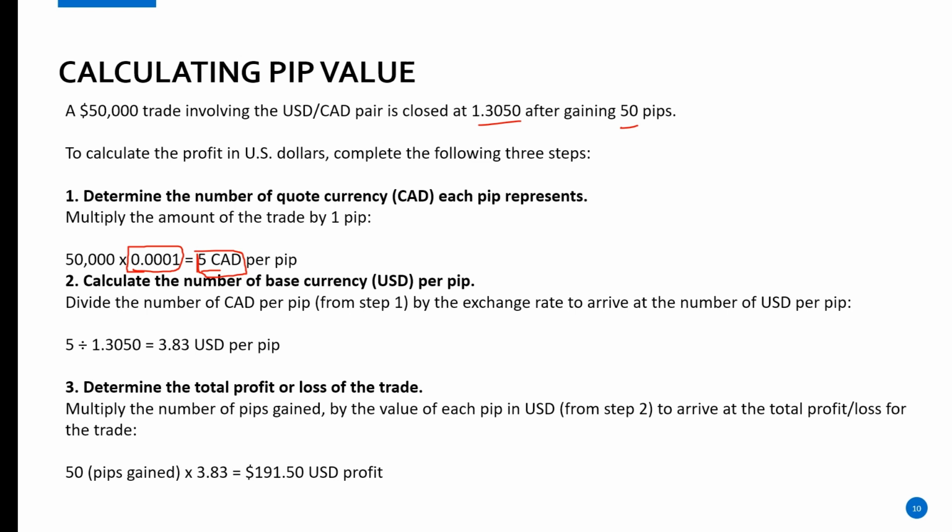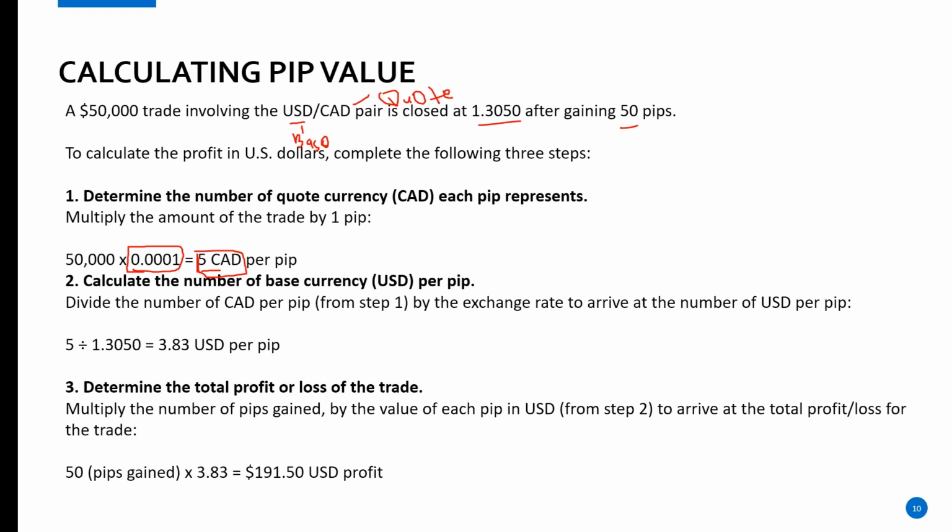If you want to get the value of 1 pip in terms of the base currency, the base currency here being the USD. The base is usually the first currency quoted, and the quote is the second one quoted. So how do you calculate the number of base currency, basically USD, per pip? I'll convert these 5 Canadian dollars per pip to USD.